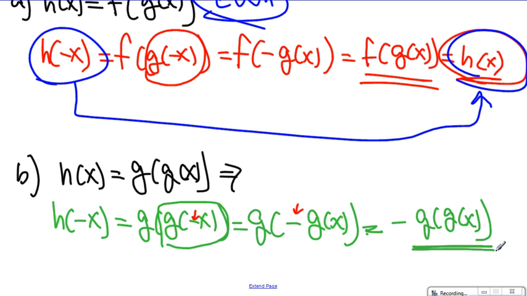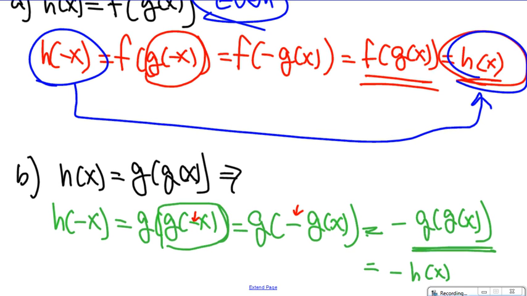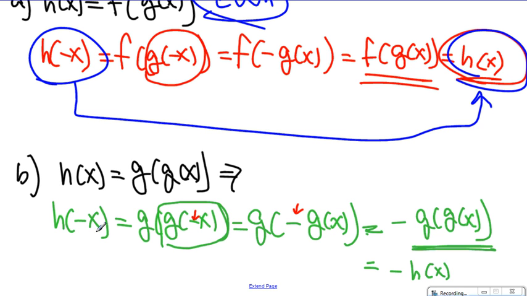But wait a minute, g of x was equal to h of x. So if you rewrite this, this will be equal to negative h of x. Wait a minute. h of negative x is ultimately equal to negative h of x. That means this function must be odd.